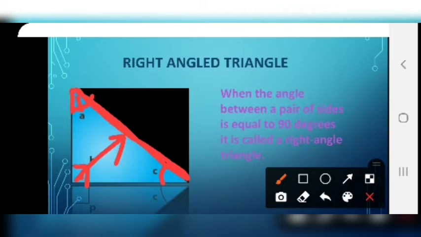And this side is the height of the right angle triangle and this is the base of the right angle triangle. This hypotenuse is longest side. These two are short sides. The pair of sides which formed the right angle, these two are called height and base.